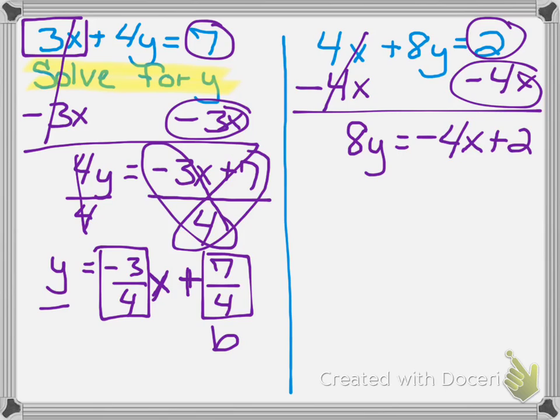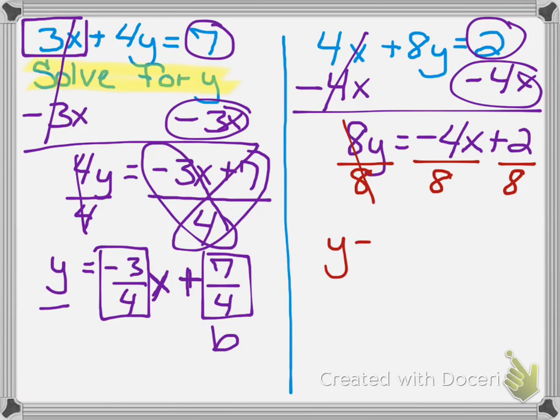My y is still not alone, and it's multiplication, so the opposite is division. But I can also do, instead of drawing a single line, I could draw one line under each, and I could put 8 under each one. So my 8's are going to cancel here.